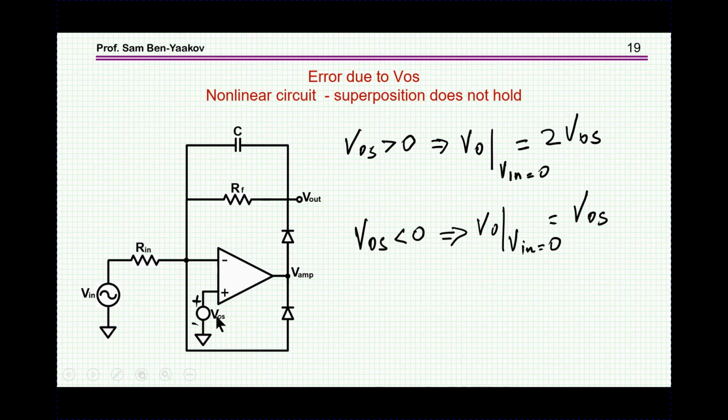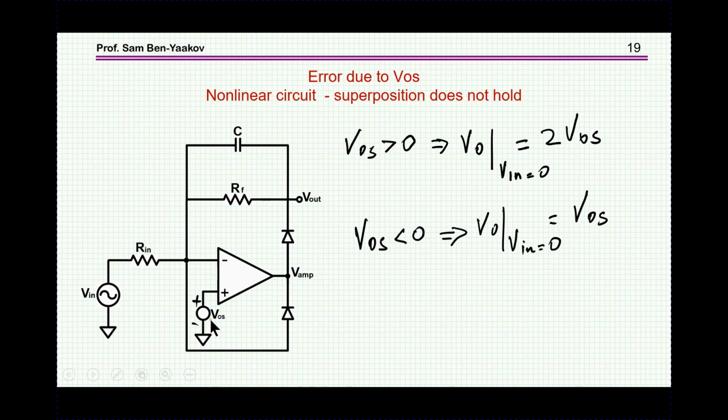V offset is due to a difference between two voltages, and in a given amplifier, in a given device, it could be either plus or minus. There's no way to know it because it's a sort of random error. So therefore, we have two cases here. And since this is a non-linear circuit, the effect of the V offset will be different whether it's positive or negative.